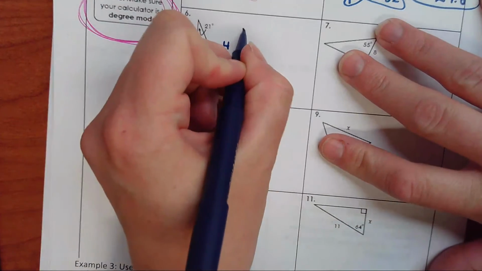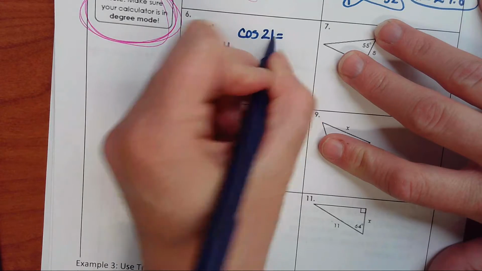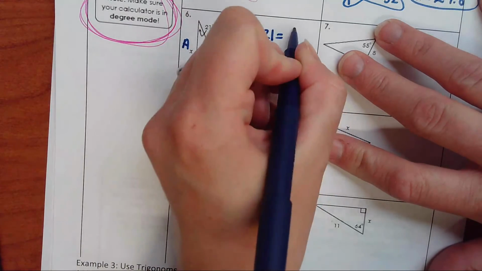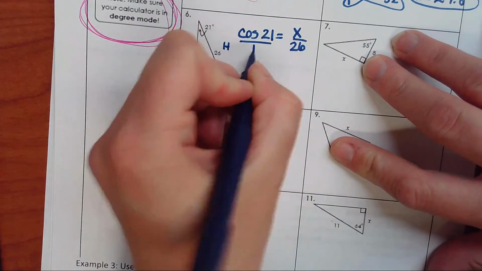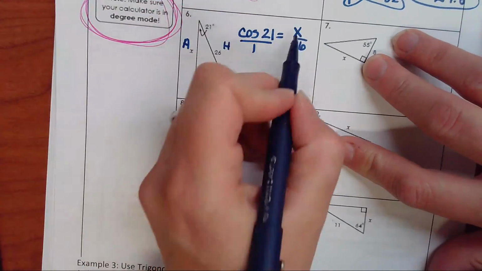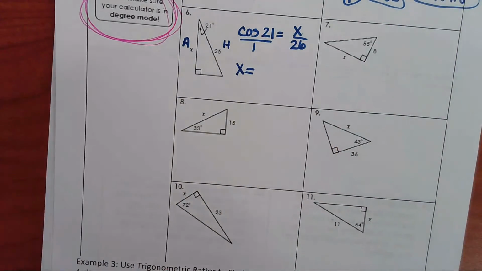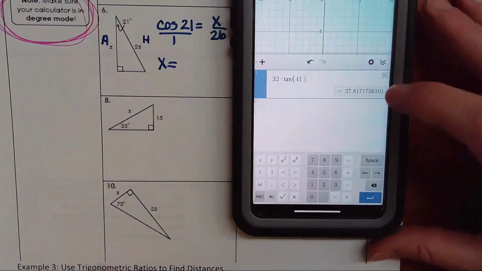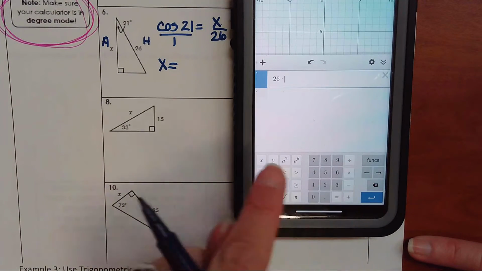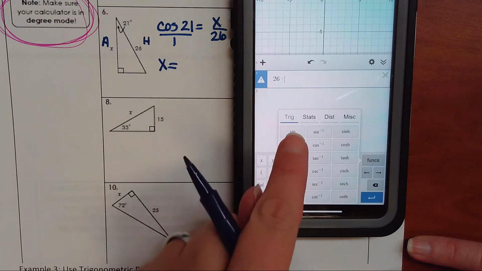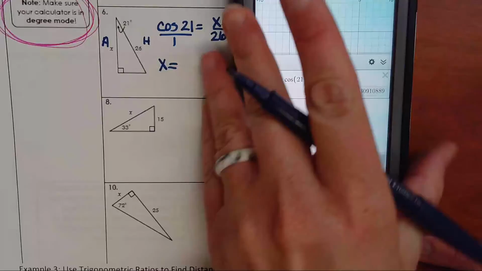So I'm going to say cosine of the angle equals adjacent over hypotenuse, x over 26. And then put a 1 underneath, cross multiply, x times 1 is x equals, and now I have to take 26 times the cosine of 21. 26 times function cosine 21. And I get 24.3.